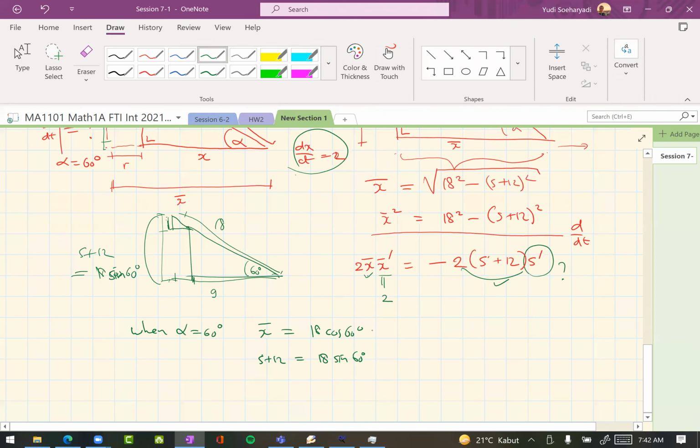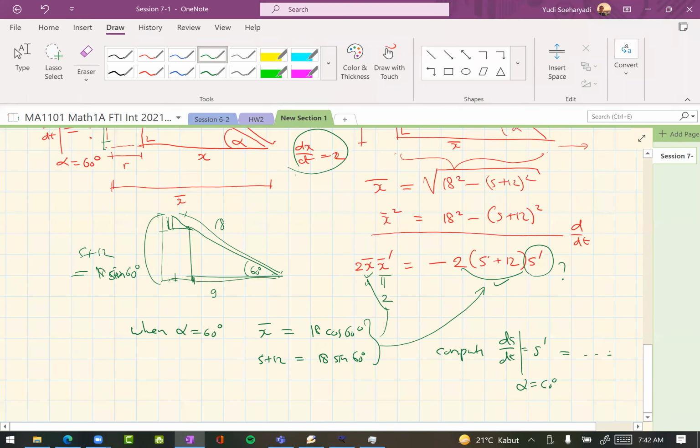So you know this data here. Then you can compute when alpha equals 60 degrees.